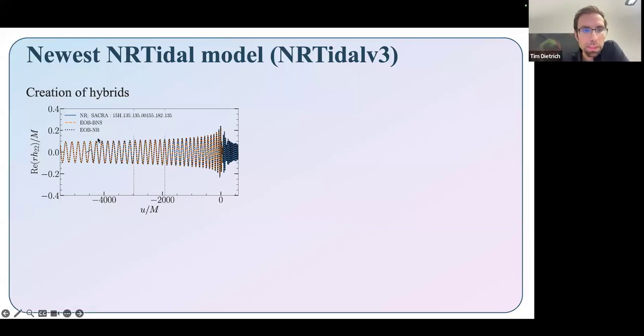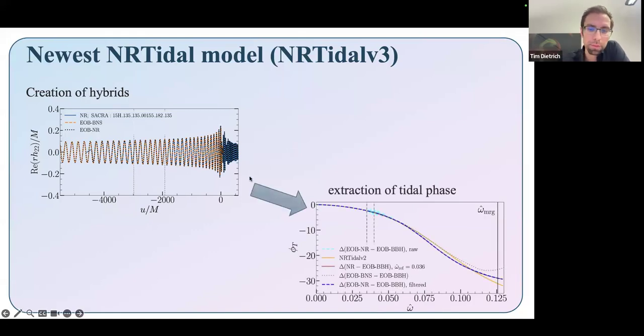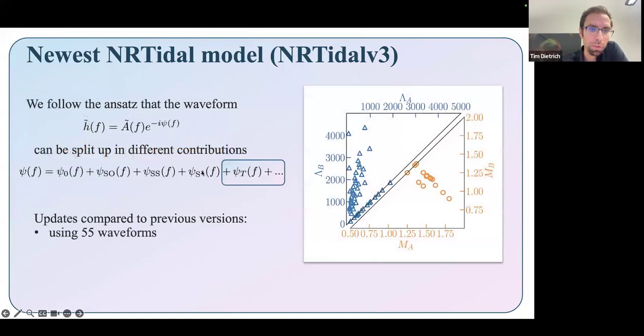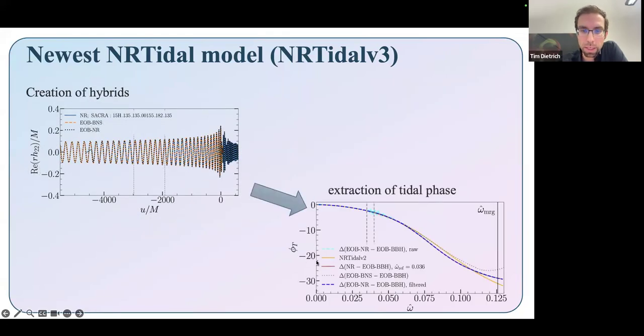From this we subtract all these other contributions to just get the tidal contribution. This is shown here, the tidal contribution as a function of frequency. 0 means infinite separation. Omega merger is basically the merger frequency, and you see the phase increases over time, the absolute value, and then you have here the merger. So we try to model these kinds of things, and here are different approaches on how to model this, shown with a dashed line or dotted line and so on.